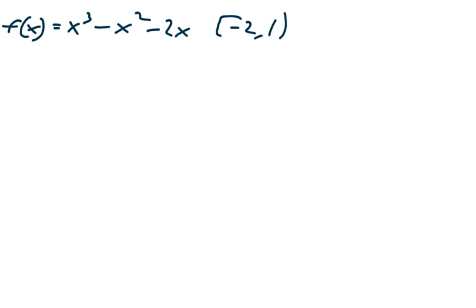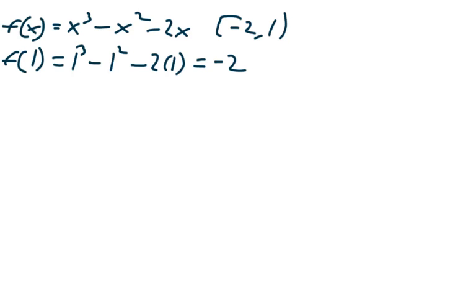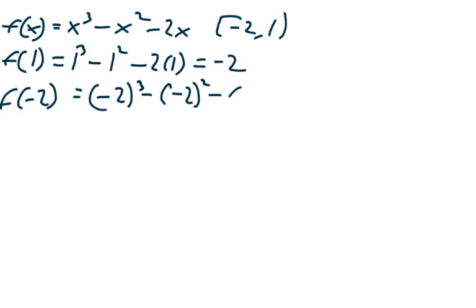Alright, for this next problem, we're using the mean value theorem. So I'm going to plug in 1, I'm going to get the answer of -2. I'm going to plug in -2 and see what we get.